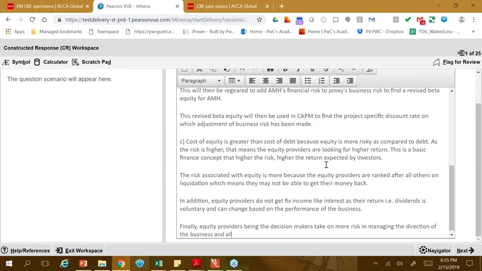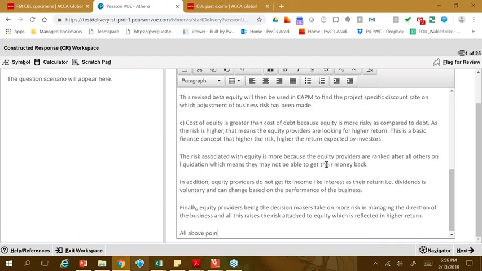And all this raises the risk attached to equity, which is reflected in higher return. All above points are the reasons why cost of equity is more than the cost of debt.